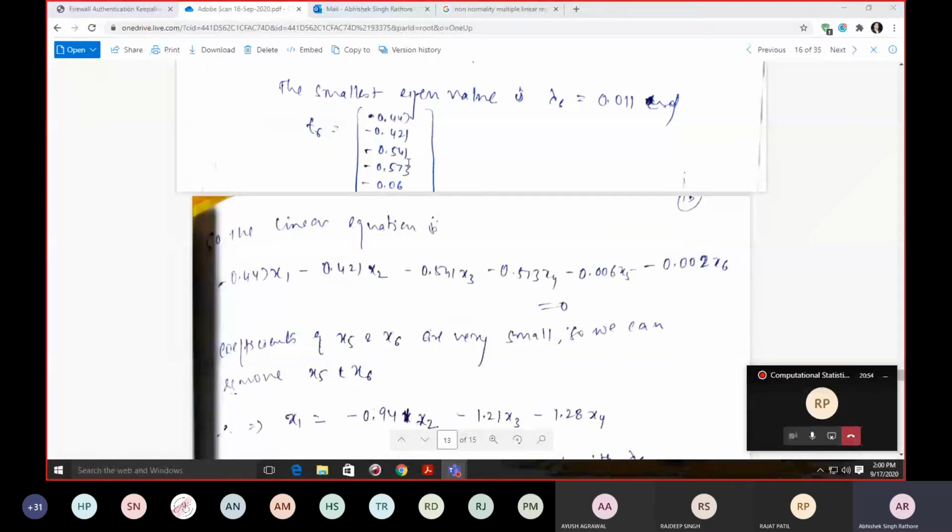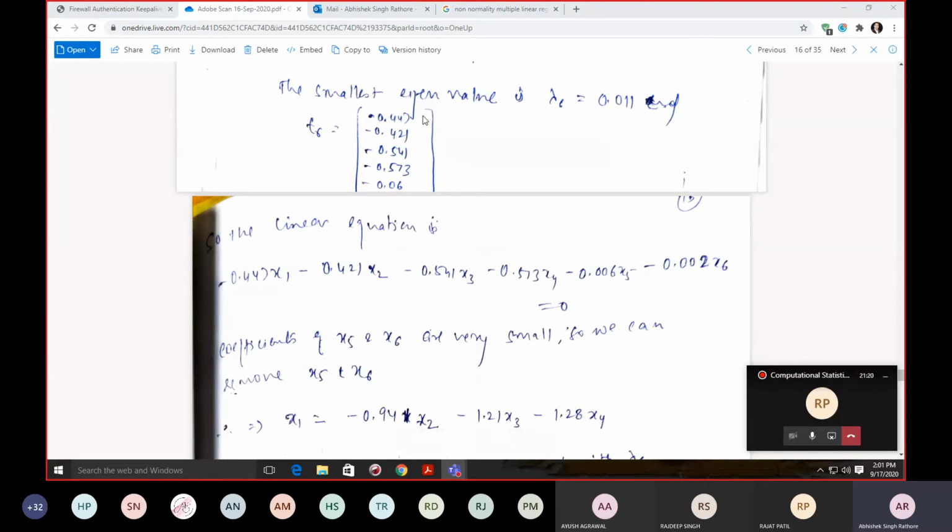So we will calculate this by, sorry, this is my eigenvector. This is 0.447 into x1, minus 0.421 into x2, minus 0.4541 into x3. So this is a combination. If I had a vector here, how could I write it? It is not possible.